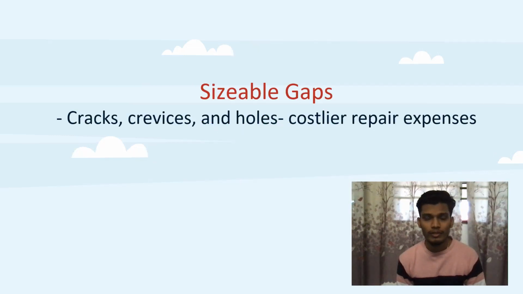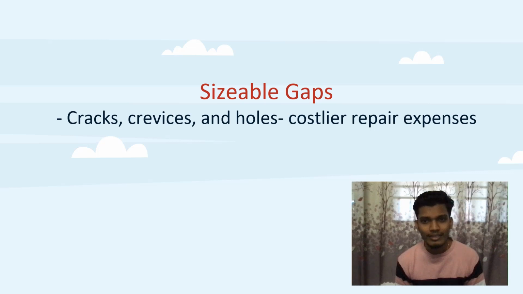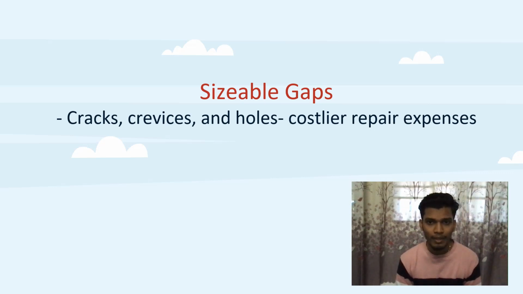So for the fourth factor, which is included in steel building repair works, is the sizable gaps. Sometimes steel buildings develop cracks, crevices, and also holes. A steel building with prevalent gaps lets in dust and is susceptible to leaking. If we notice a gap in our structure but no sign of water leaks yet, it's only a matter of time.